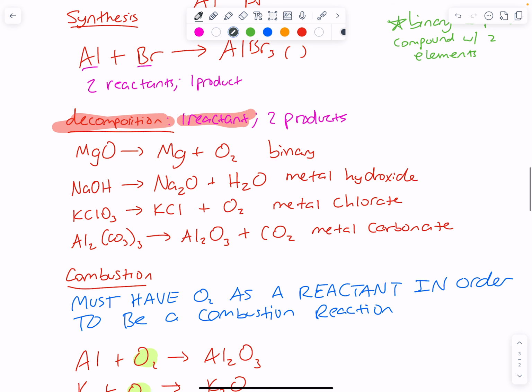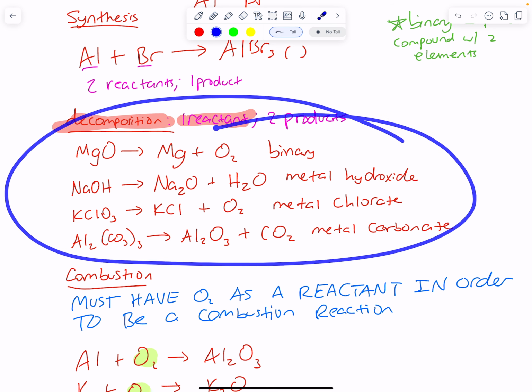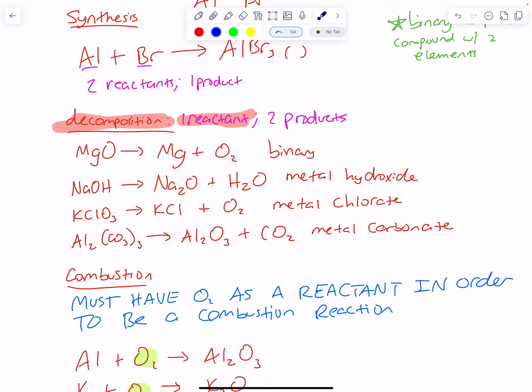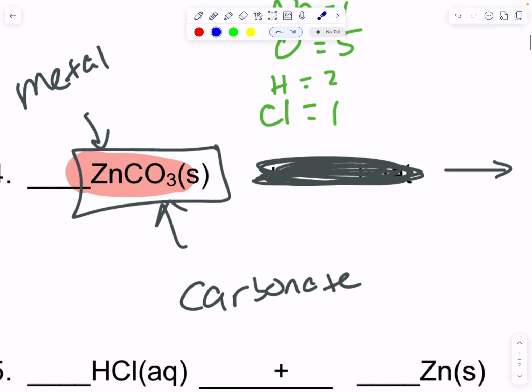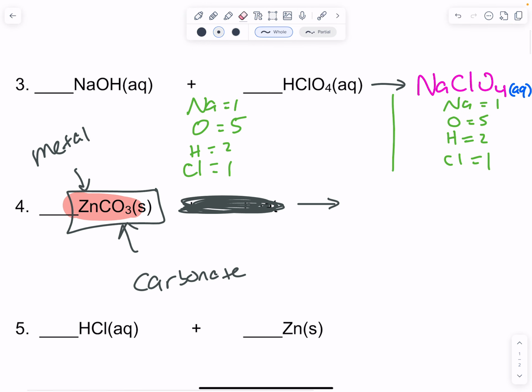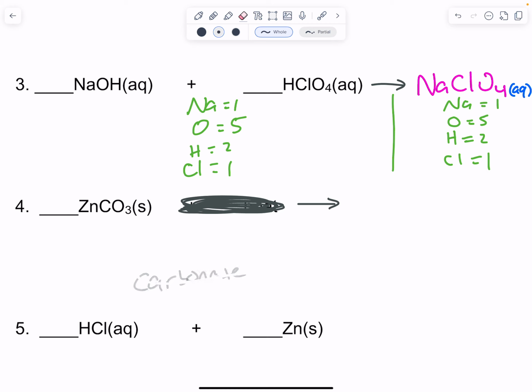Okay, do I have any metal carbonates over here in my decomposition section? Yes. How do metal carbonates decompose? They form a metal oxide and CO2. Okay, going back up here. Metal oxide and CO2. Easy. Hey, who's my metal? Zinc oxide.